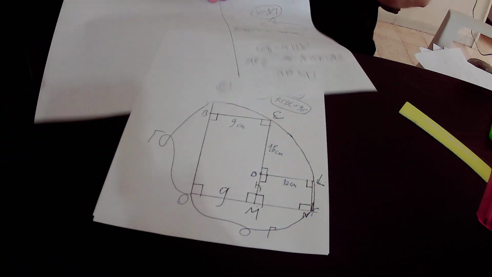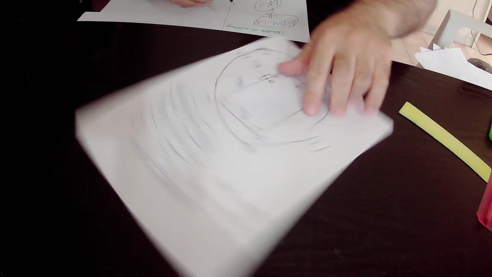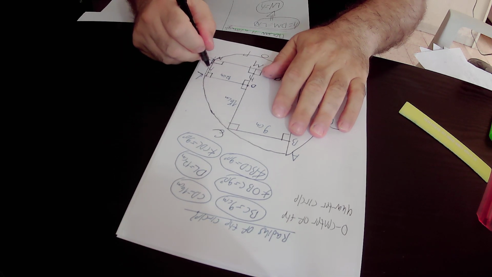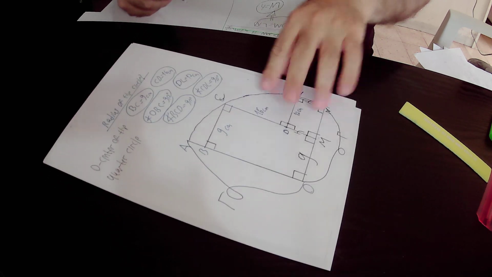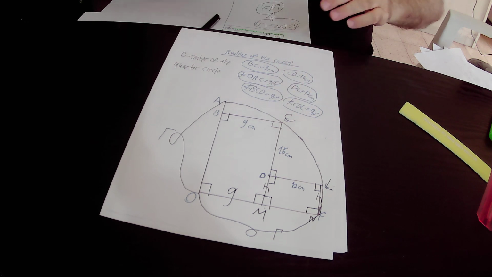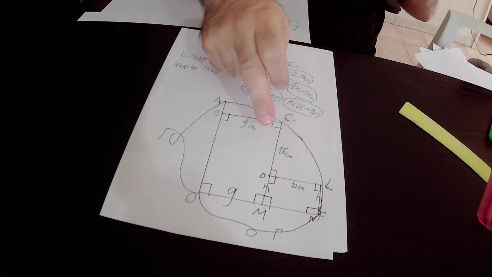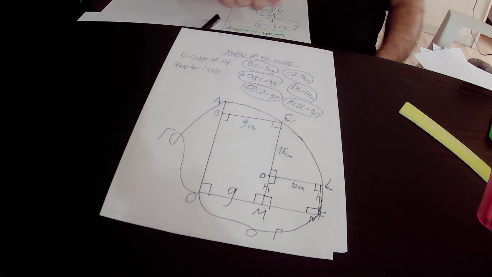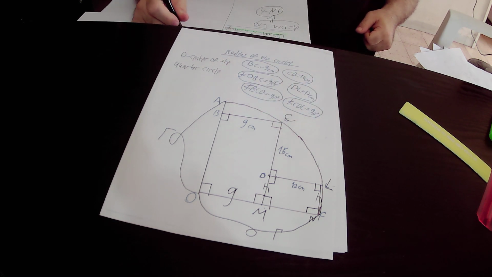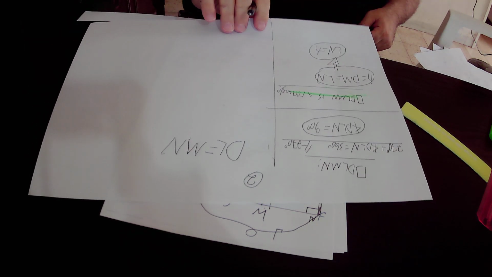So here, side LN equals H. According to the same rule that the opposite sides of a rectangle are equal to each other, in rectangle DLMN, side DL must be equal to side MN.